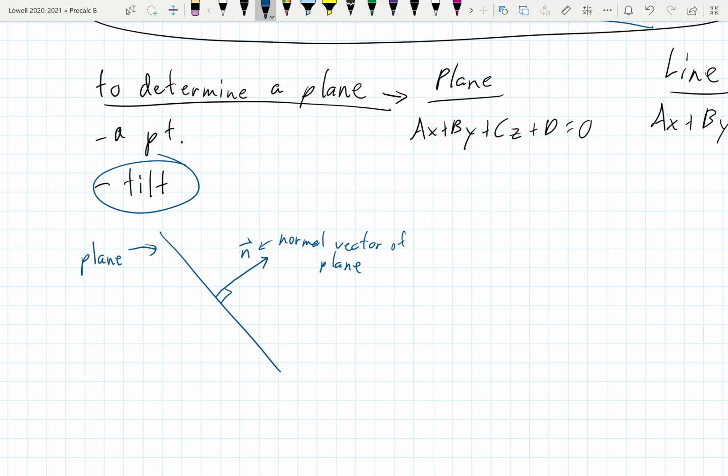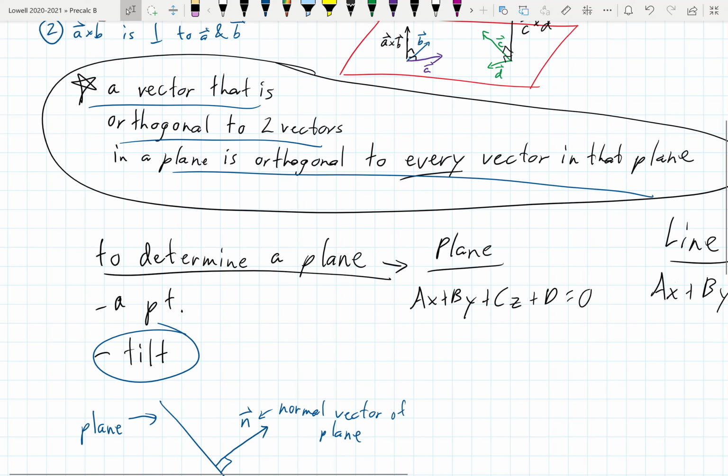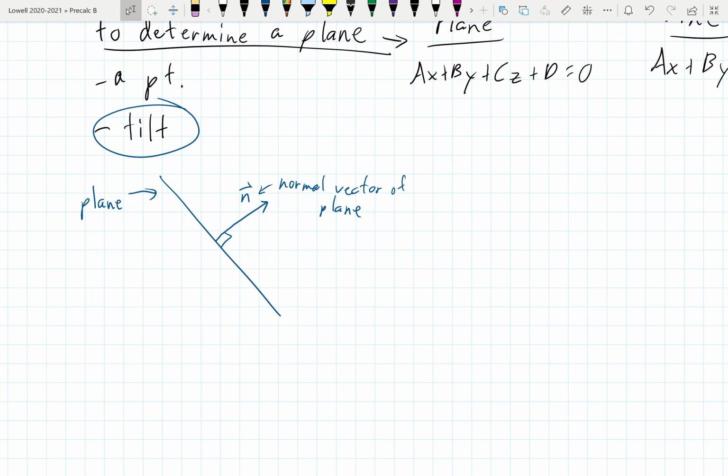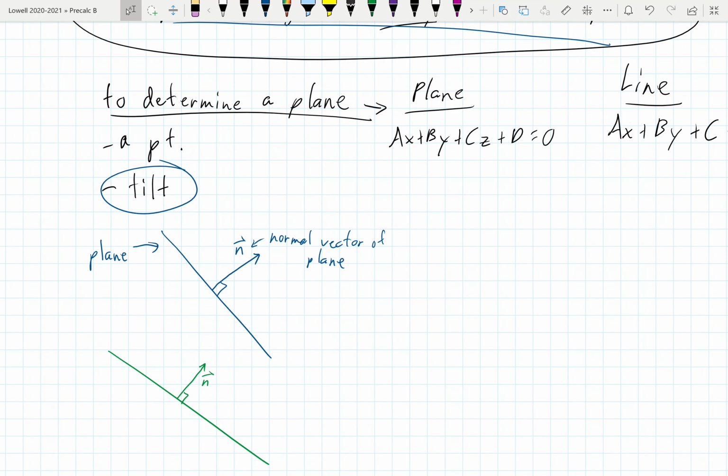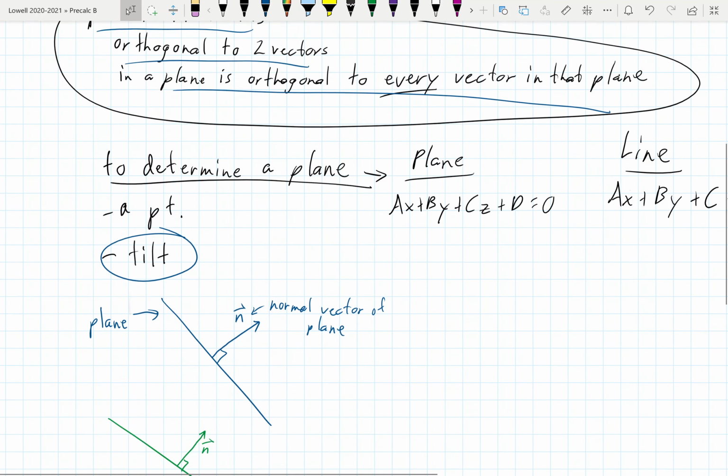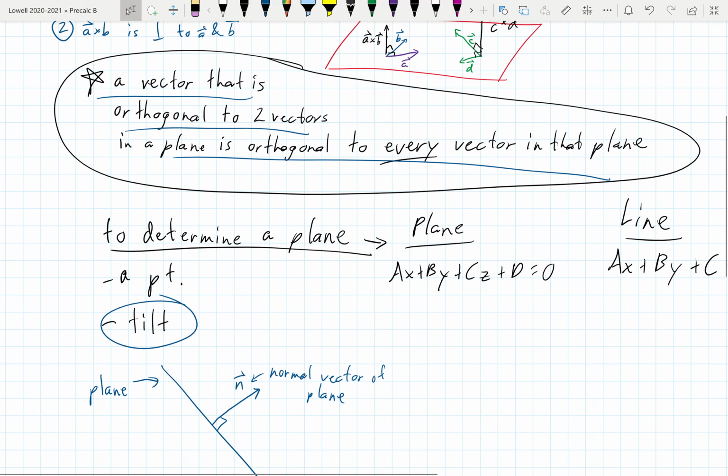This is just some vector that's perpendicular to the plane, but that also means it's perpendicular to every vector in the plane, right? And if I take a new plane, notice that its normal vector would point in a different direction. It would be slightly more upward, n. And so essentially, to control the tilt of the plane, we really just need to control where the normal vector points.